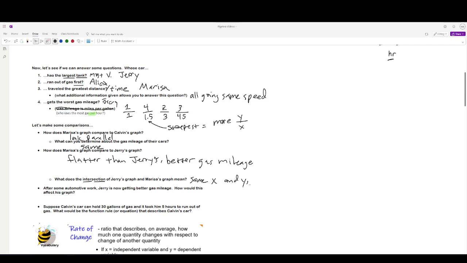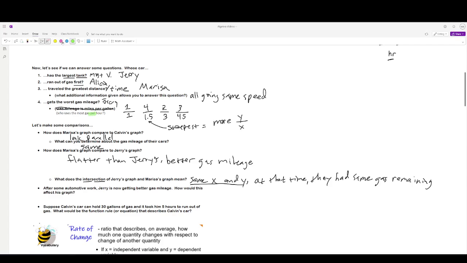But the meaning of that, remember, X is the amount of time and Y is the amount of gallons. So the meaning would be, at that time, they had the same gas remaining. So notice I took my observation from the graph, same X and Y, and I put that into more English-sounding words.